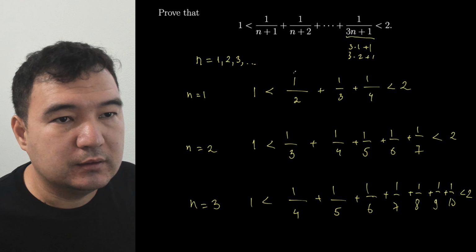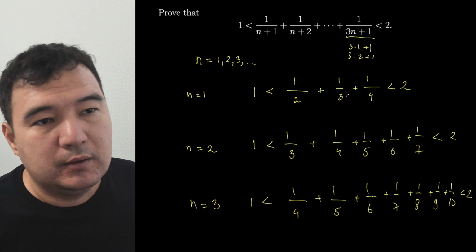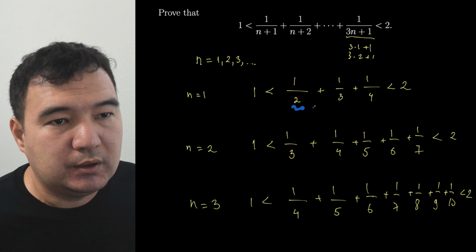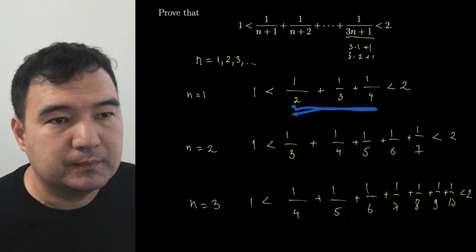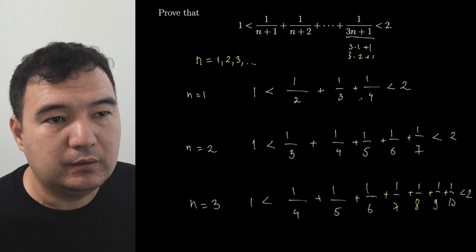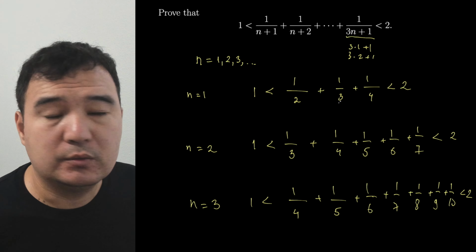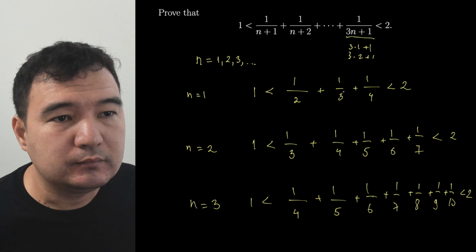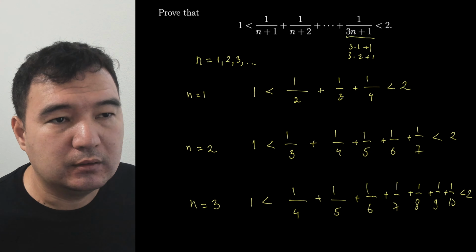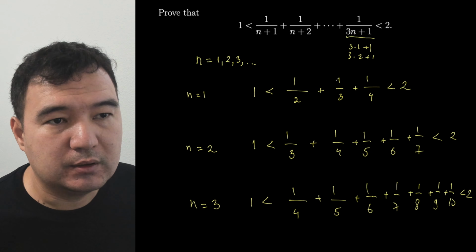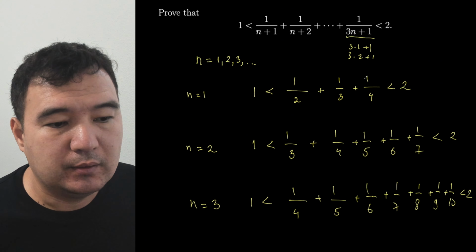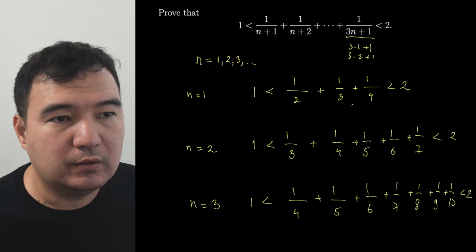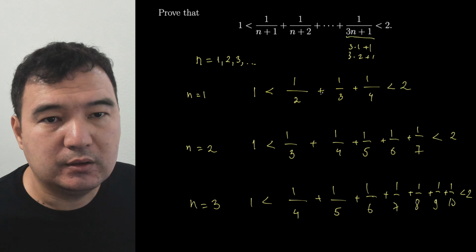For the base case of induction, 2, 3, 4, the common denominator is 12. And then the numerator is 6 plus 4 plus 3, so it's 13 over 12, so it's between 1 and 2.